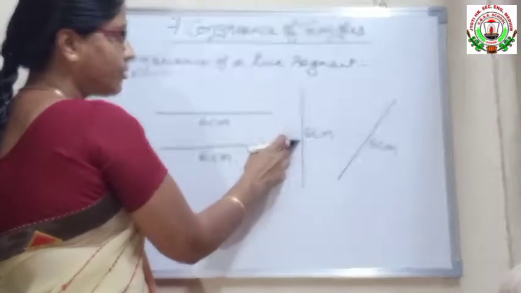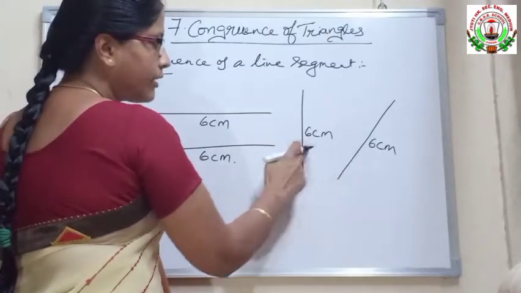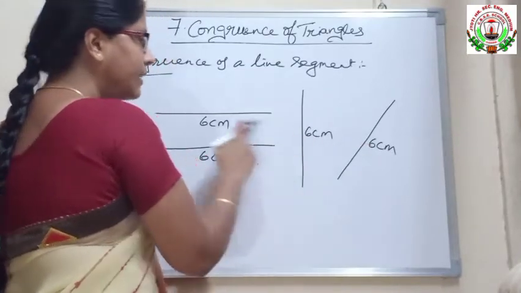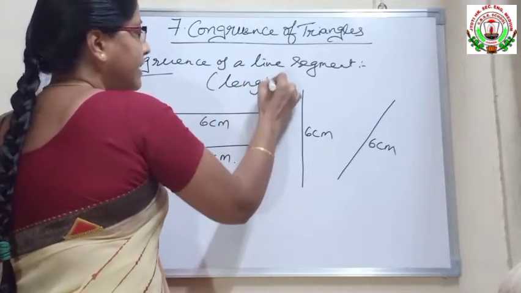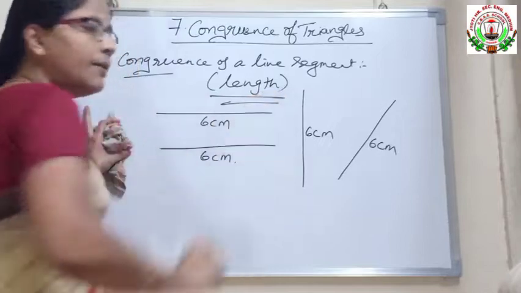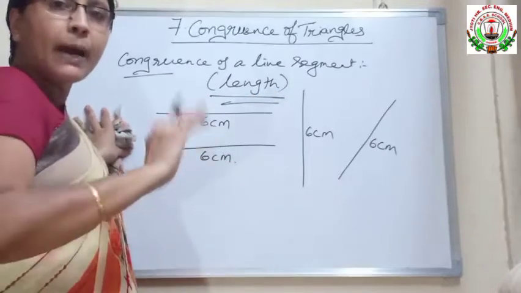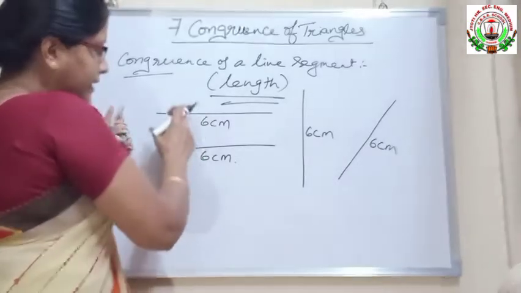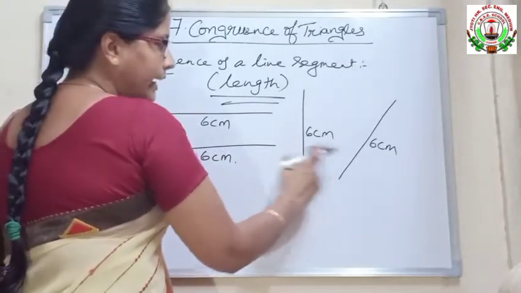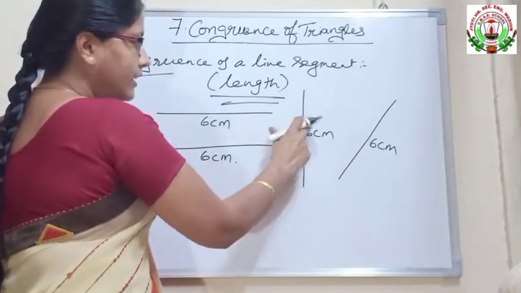We can say these two lines are congruent because they have the same length. When you go for a line segment, we see the length of the line segment. We compare the length of the line segment. So two lines it can be like this, or like this.